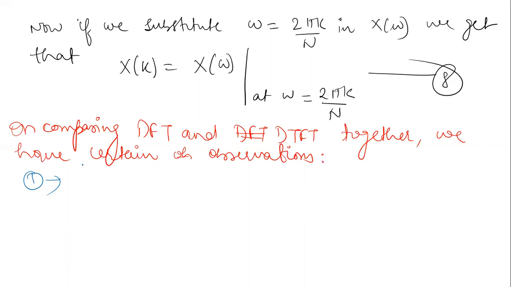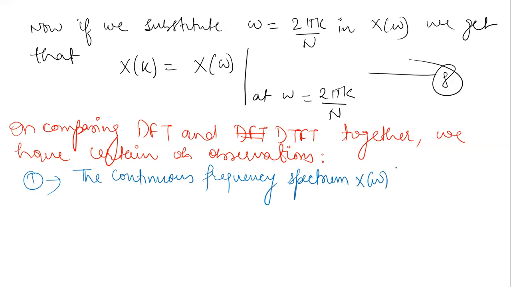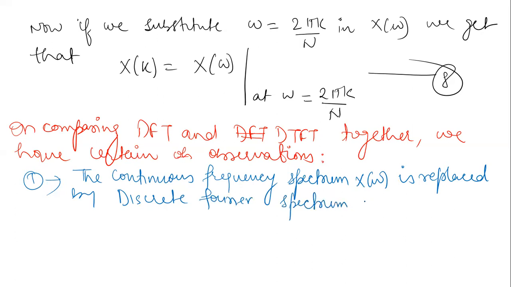The continuous frequency spectrum X(omega) is replaced by the discrete Fourier spectrum X(k), right?